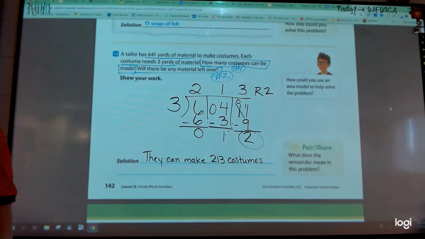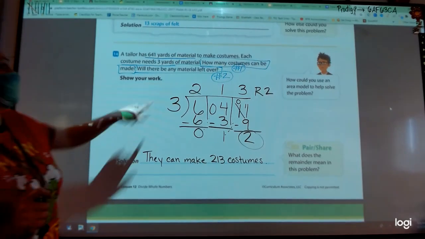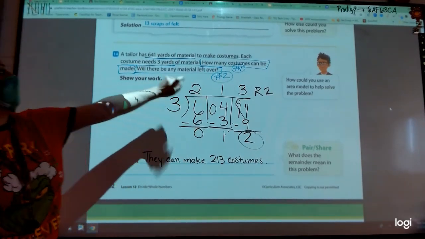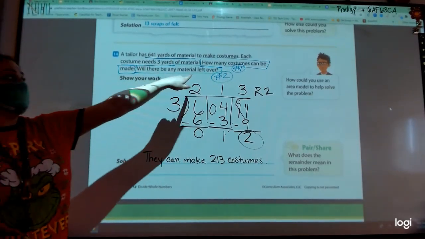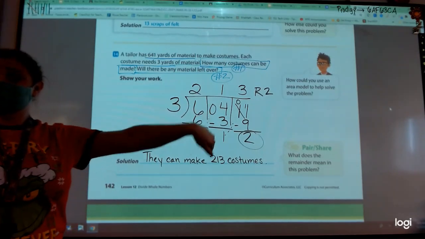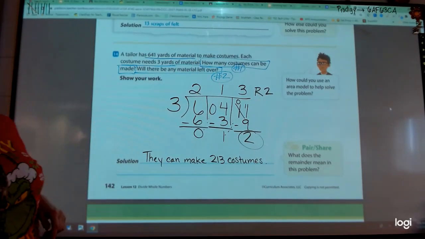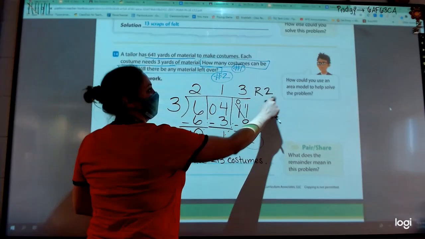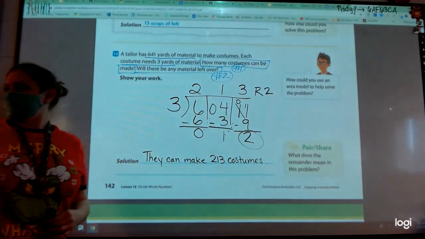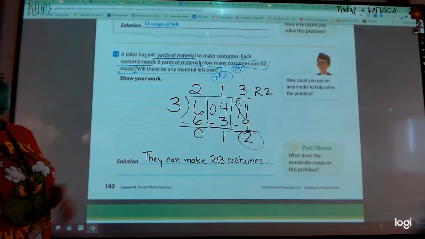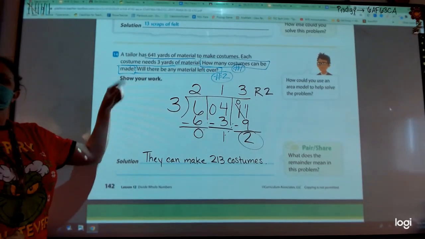Are we done? No, we're not done. We have a second question. That's why we marked it so we don't forget. Will there be any material left over? Yes. Chloe, how much? 2. We have a 2 here. Okay, now what should the label be? How are they measuring the material? You've got to find the label up in the problem. Hayden?